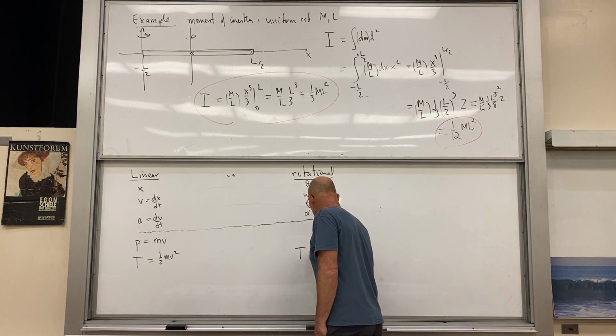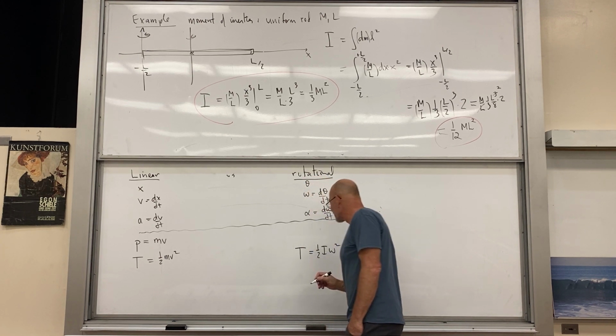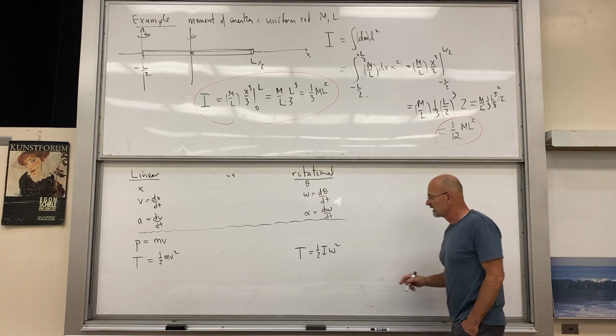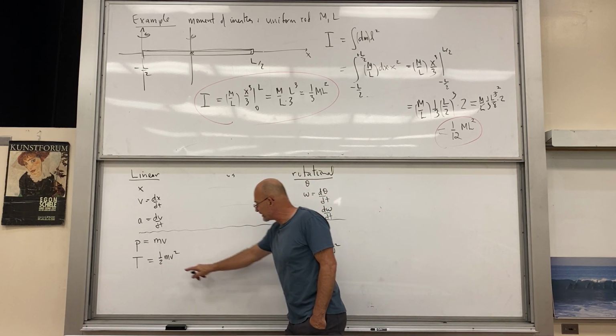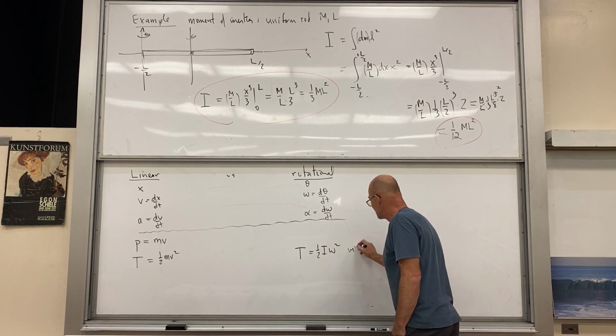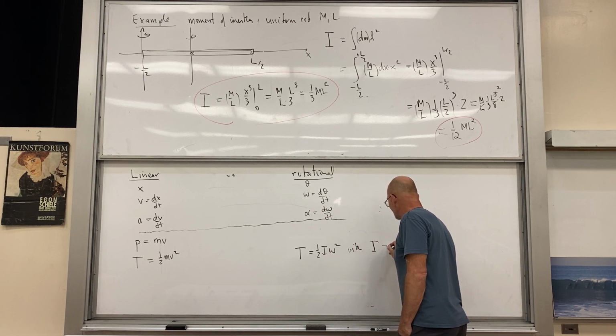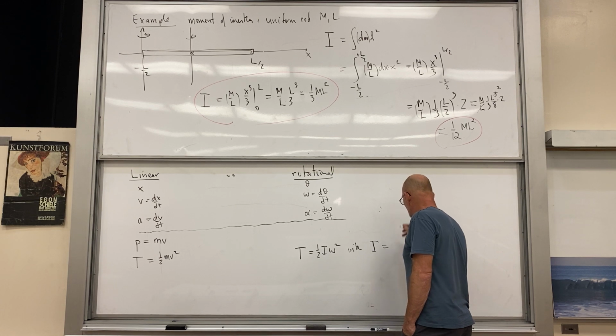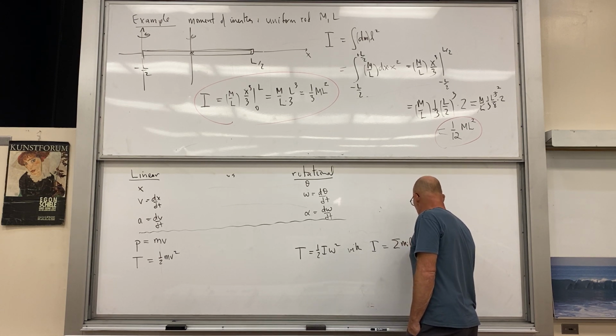Here the rotational kinetic energy is 1/2 I omega squared. So we're substituting the mass for this mass distribution with I equals, we'll do it in the summation form.